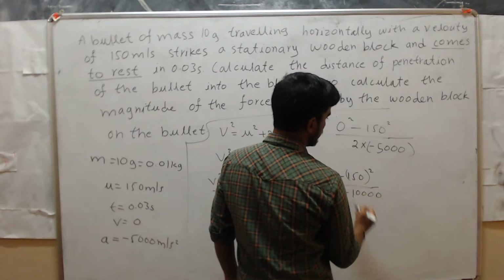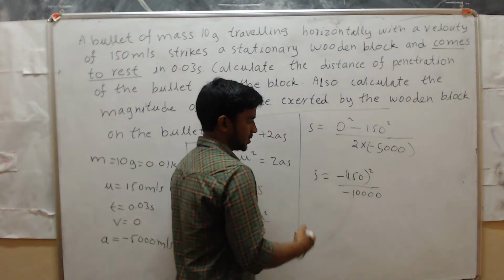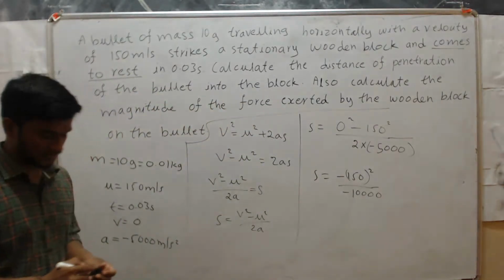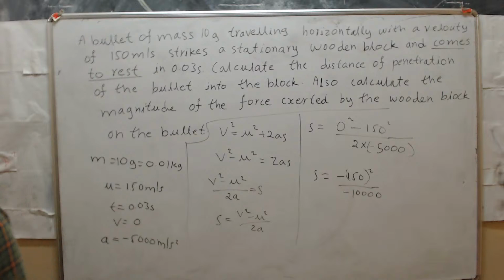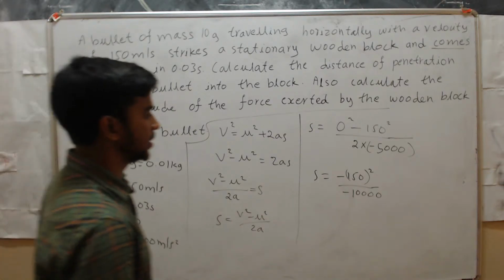Now take the square. What is 150 square? First take 15 square, then put 2 zeros. That is 22,500.